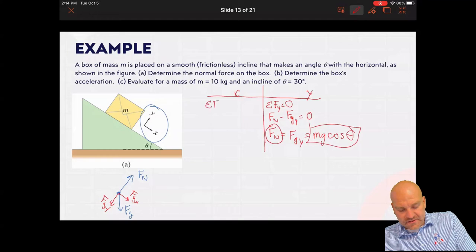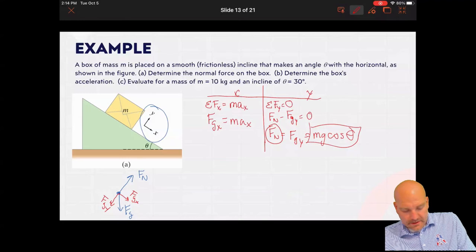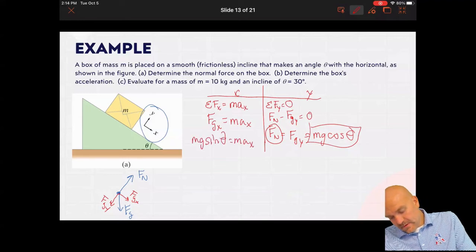Now in the x direction, I'm going to do the sum of the forces in the x direction. This is going to accelerate down the incline, so I set it equal to m times a. The only force acting is FGX, and I know that FGX is mg sine theta.